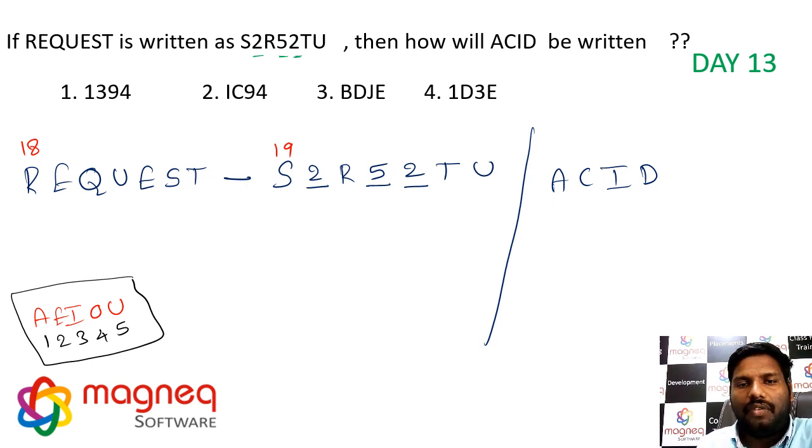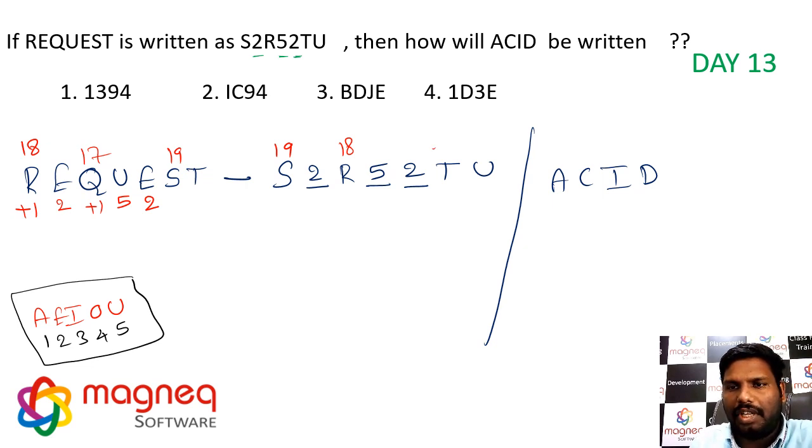So R value 18, S value 19 means plus 1. E is a vowel, so numbering 2. Next, Q value 17, R value 18, plus 1. U is a vowel, so number 5. E is number 2. S value 19, T value 20, plus 1. T value 20, U value 21, plus 1.